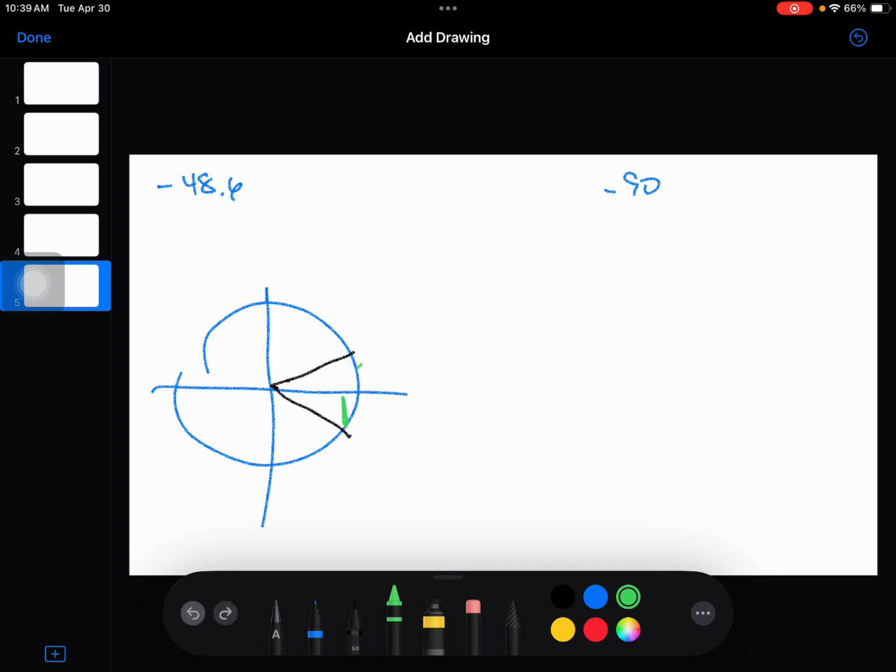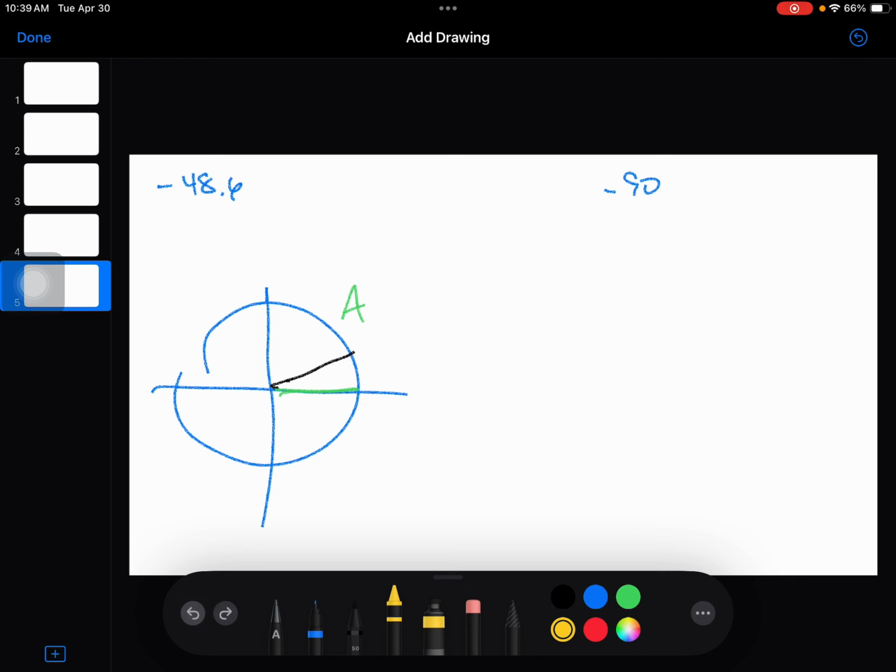Right? So let's get rid of that. The previous example was cosine, so cosine is positive in the first and fourth, but remember, all students take calculus. Sine is positive in the first and second because sine is the y-axis. Sine is the y-axis here. And so we're going to get negative 48.